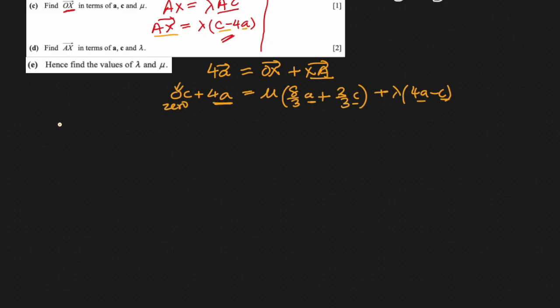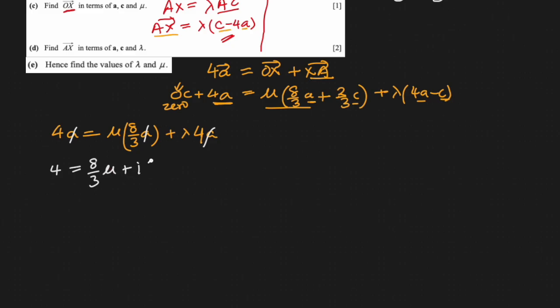4A, I'll take from here, 4A equal to, I'll take this one, mu 8/3A and then plus lambda 4A. Since all of them have A, we can ignore A. So it becomes an equation: 4 equal to 8 over 3 mu plus 4 lambda, right?